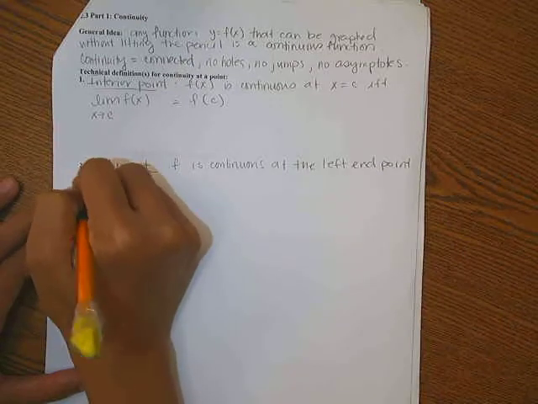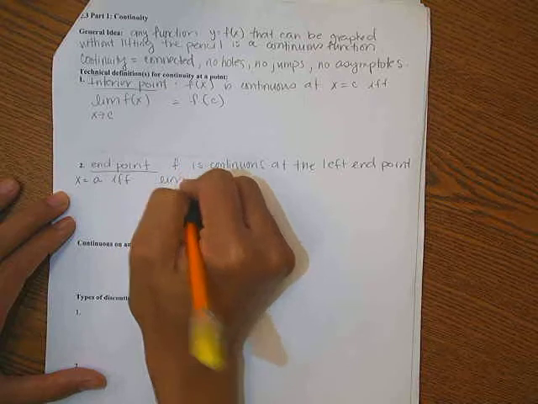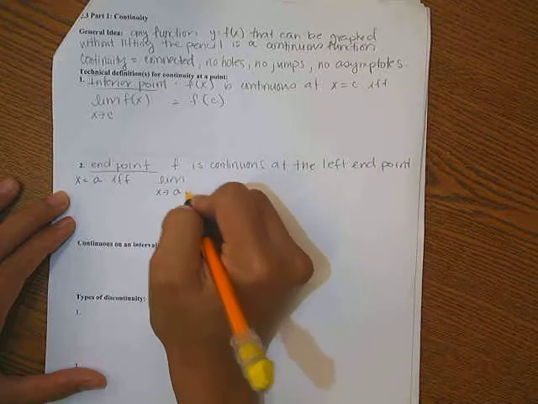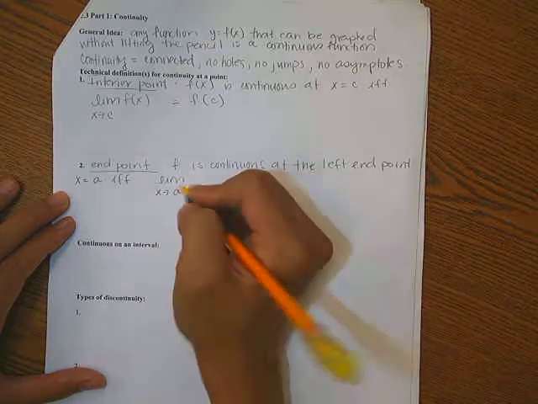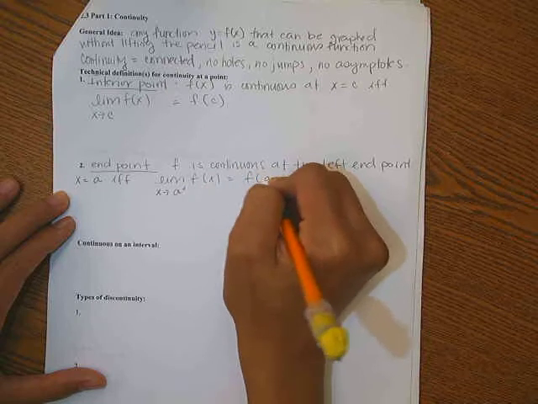Let's call it x equals a, if and only if the limit as x approaches a from the right of f of x equals f of a.